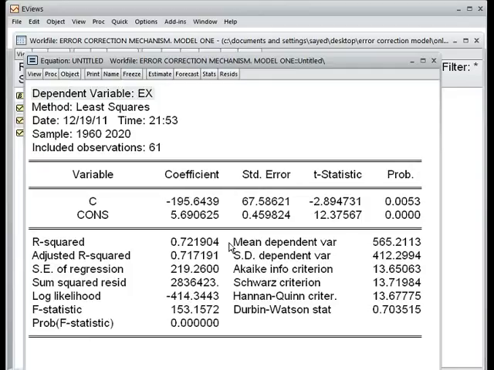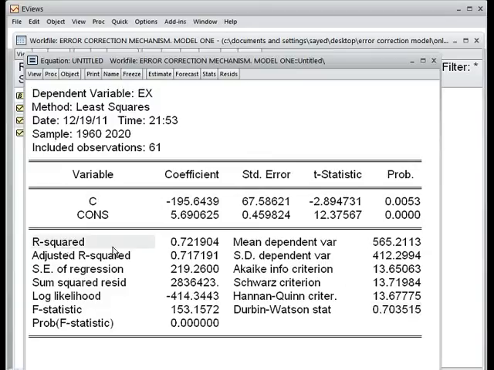Okay, what is the symptom of a spurious model? The symptom of a spurious model is that the value of R square is greater than the Durbin-Watson statistic, right? That is the spurious model.